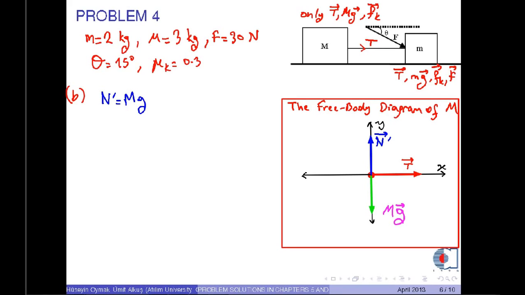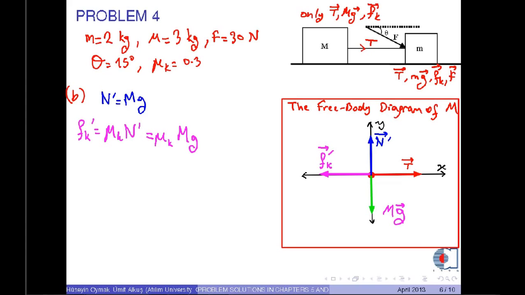It is in the positive y direction. Then the kinetic frictional force f k prime is found to be mu k times N prime, which is equal to mu k times capital M times g.